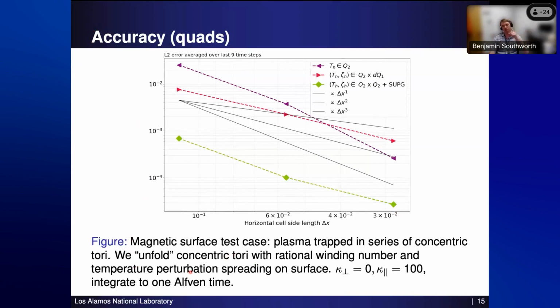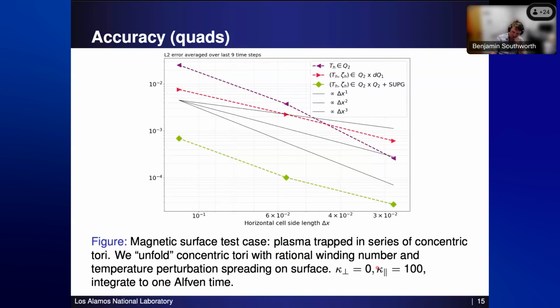We pretty much unfold it and we use a rational winding number. If you're a plasma physicist, you have a good idea what this is. Don't ask me for a good explanation because I don't have one, except that if it's rational, the heat stays along certain structures. If it's irrational, eventually it will fill up the whole domain. So we have a rational winding number and an initial temperature perturbation, and we watch how it spreads on the surface.